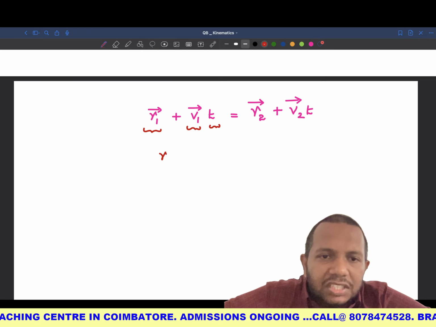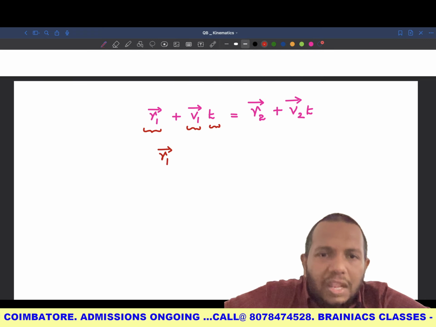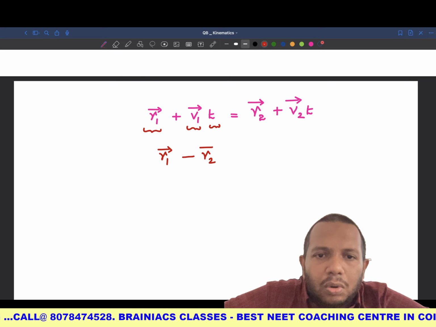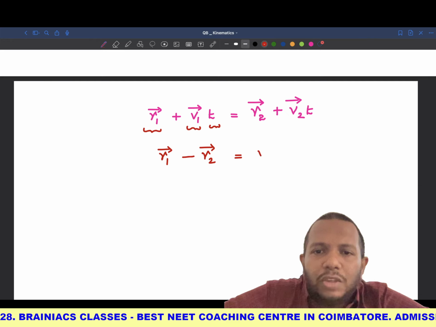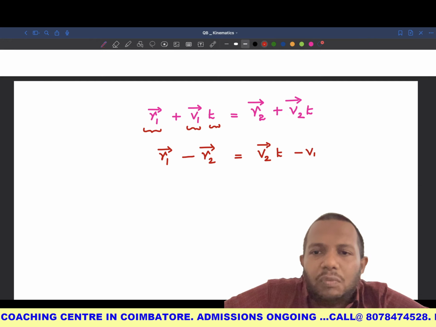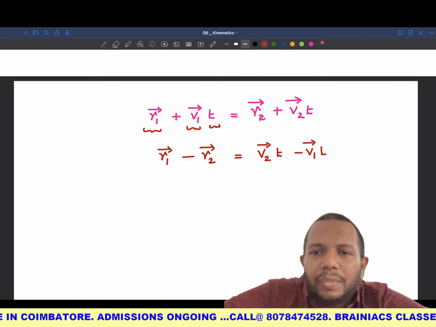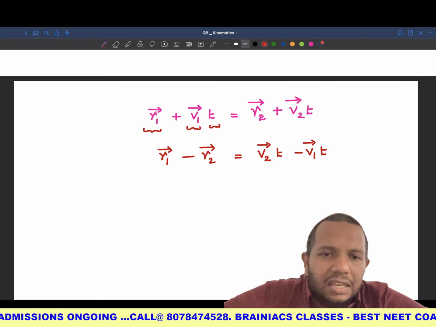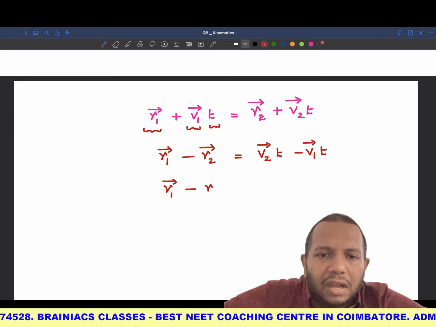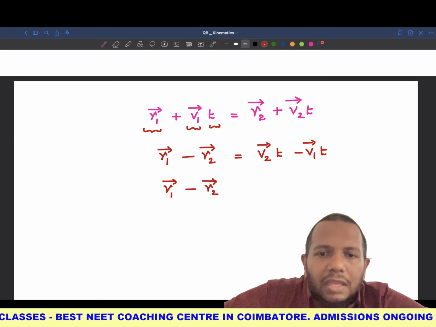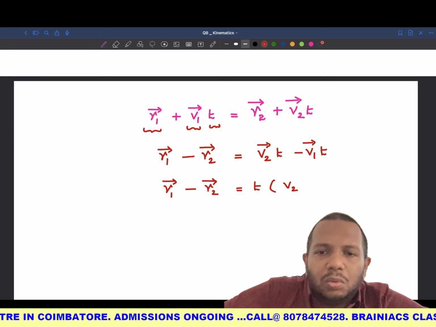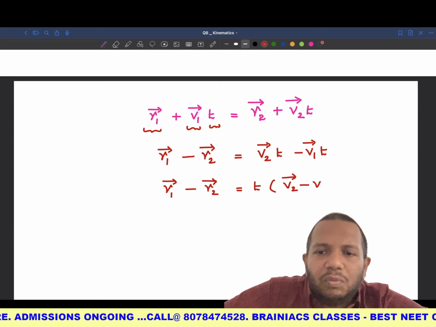We can rearrange it in such a way that r1, I am taking r2 here, so this will become r1 minus r2 equal to v2 into t minus v1 into t. Now again let me write it as r1 minus r2 equal to, taking t common, v2 minus v1.